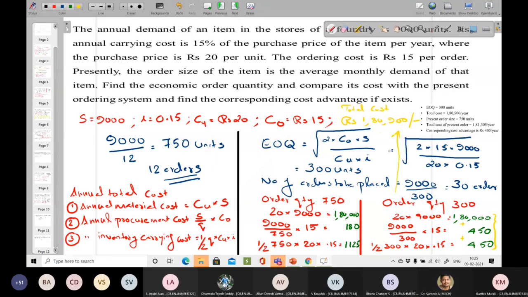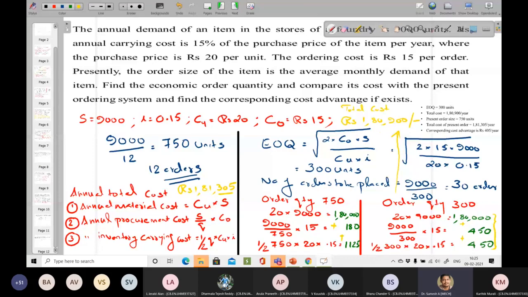The other case will be rupees 1,81,305 if you sum all these three.